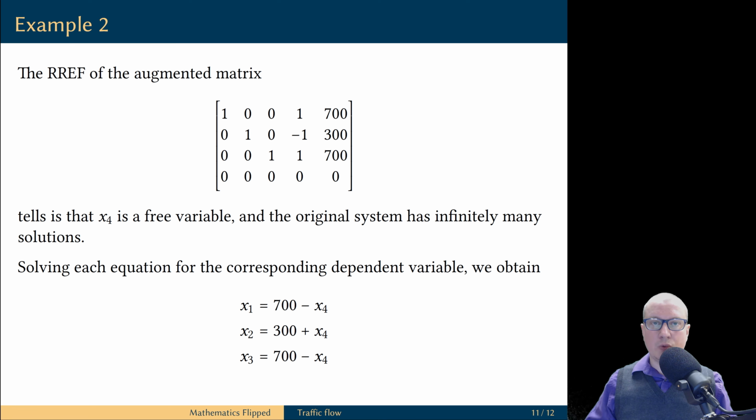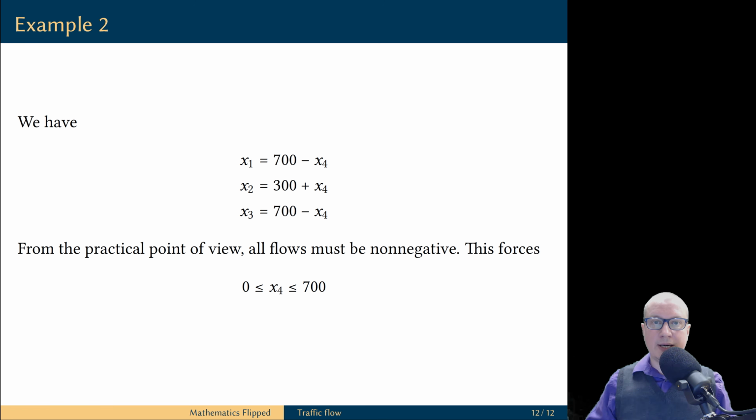By solving each equation for the corresponding dependent variable in terms of the free variable, we obtain infinitely many solutions because the free variable x4 can take on any value. But keeping in mind practical considerations, we know that the variables represent the rate of flow, therefore they cannot be negative.